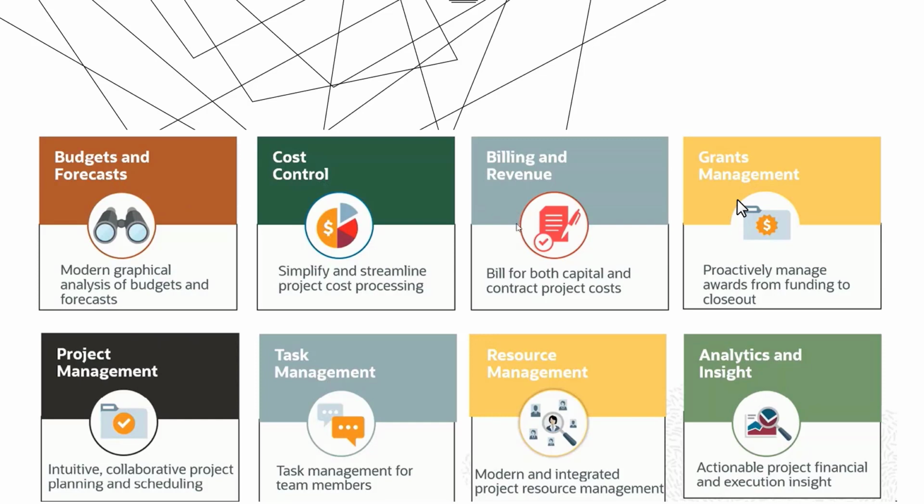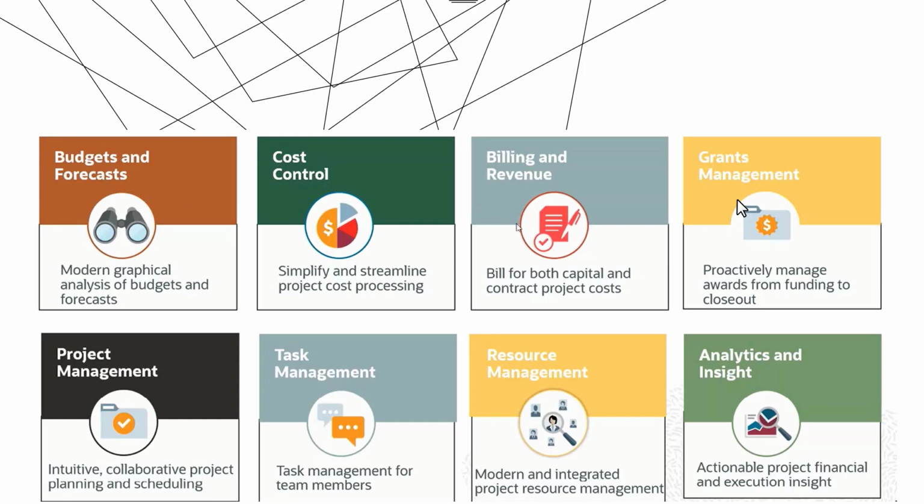Is that okay? The answer is yes. So it is a two-dimensional approach. They work very closely together, and you can actually make the most out of PPM Cloud if you use both financial management and execution management on Fusion. Or it will also work as a separate aspect or a separate module.